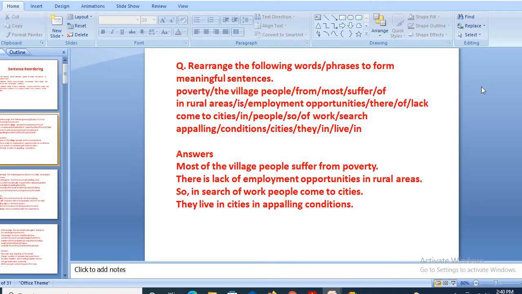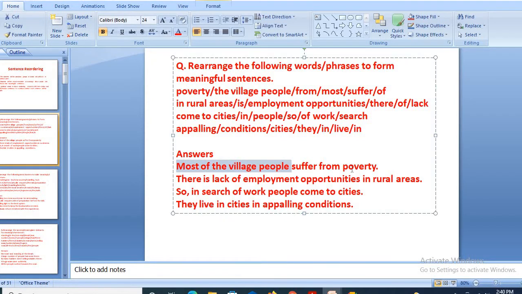It should not be illogical. So look at the very first answer, what it will be. Most of the village people suffer from poverty. Now see, it is forming a logical answer, isn't it?